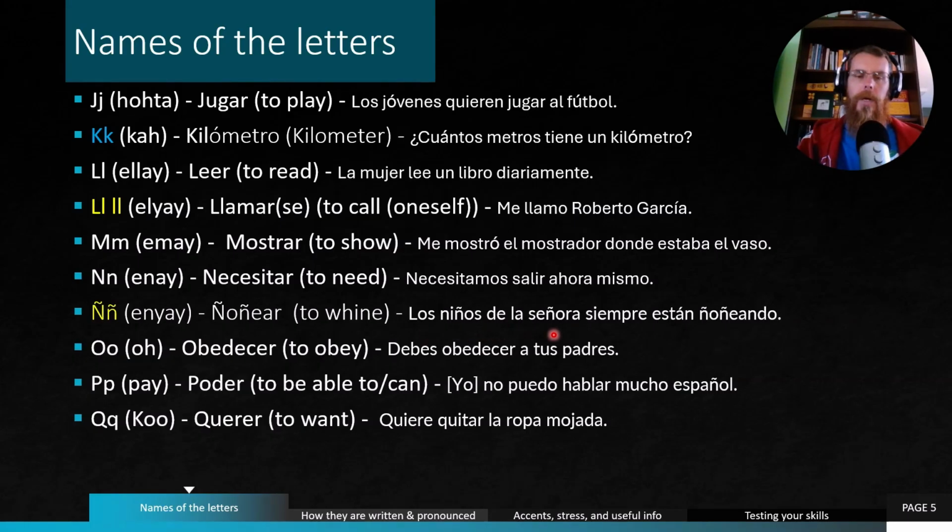De la señora is of the woman. Los niños de la señora are the children of the woman. So this is how you would say the woman's children, because in Spanish you have to say of the woman or of whoever as the possession.